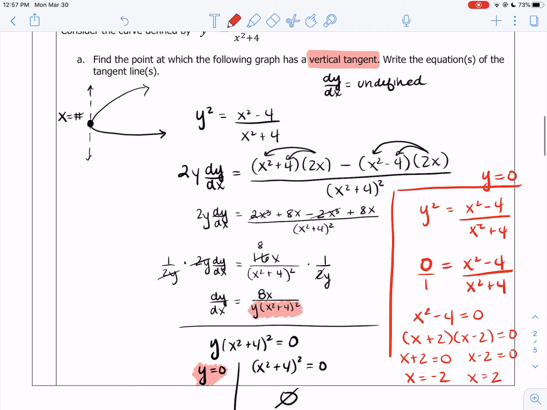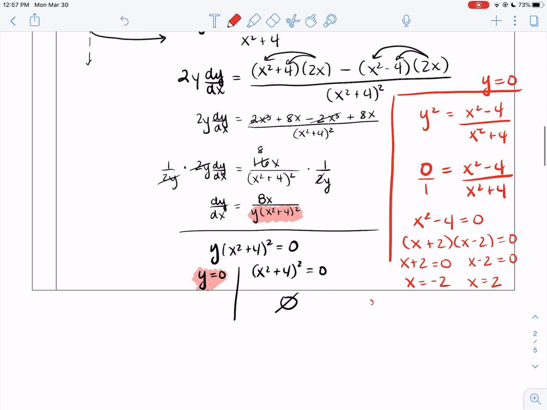That means that there are two coordinates on our graph where we have vertical tangents. The coordinates are going to be at negative 2, 0, and at positive 2, 0. However, if they want the equation of your vertical tangent, the equation of your vertical tangent is going to be x equals negative 2 and x equals positive 2.